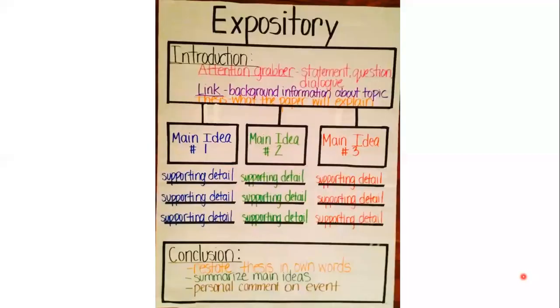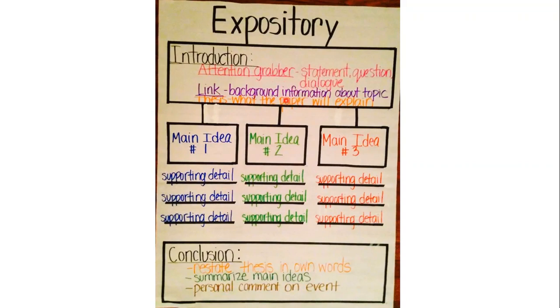Now we'll go deeply after this slide into the compare and contrast. So here's a picture of the organization. I thought it would make it more clear for you. Introduction, I should have a hook, as you remember, which is the attention grabber. This is the first sentence of the introduction that should grab the reader's attention to read my essay.